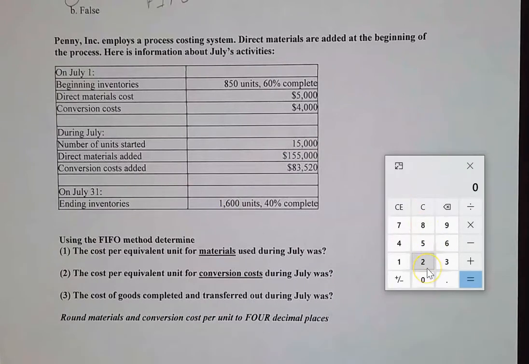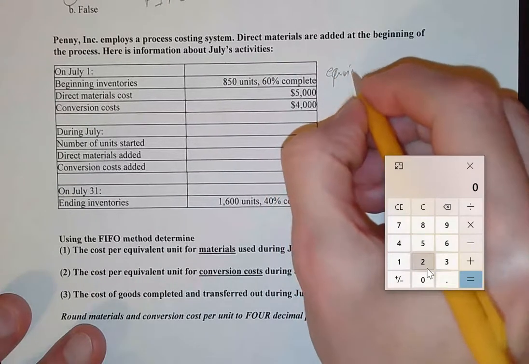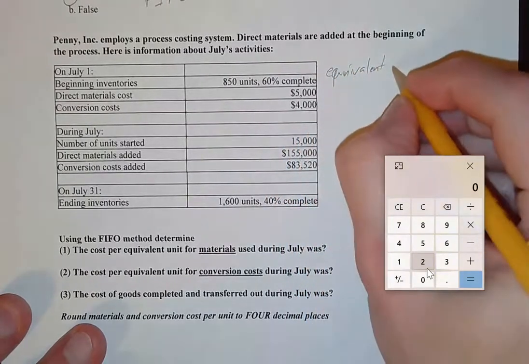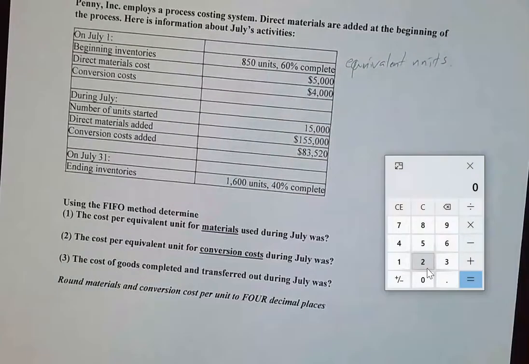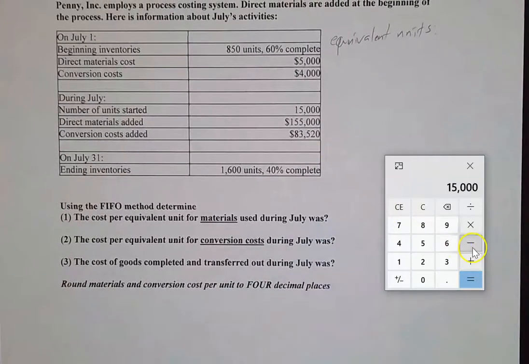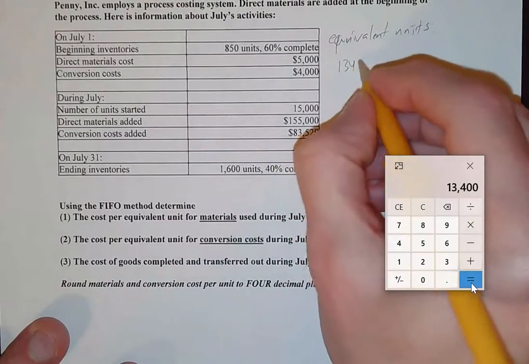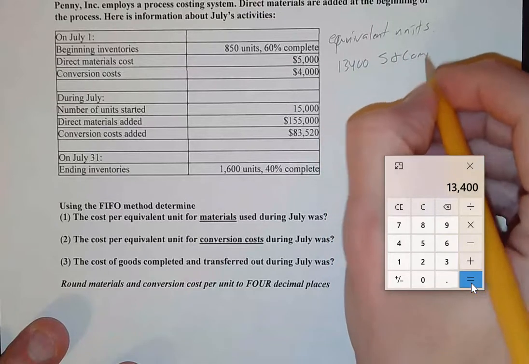So to come up with equivalent units, and again we must do this first, we're going to take the 15,000 that were started in the period, and the first thing we're going to do is subtract out all of the units that were not completed. Okay, and that's going to give us the number that were started and completed during the period.